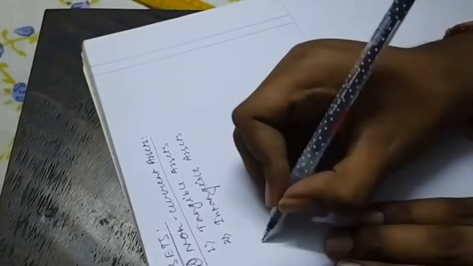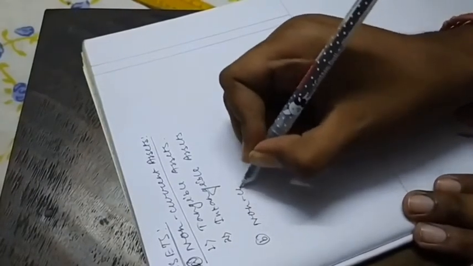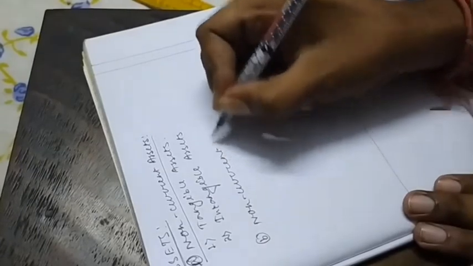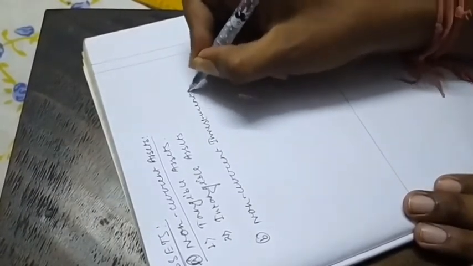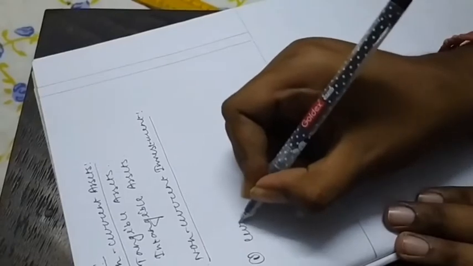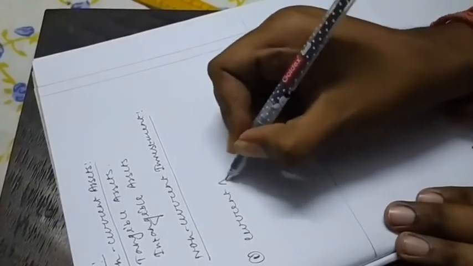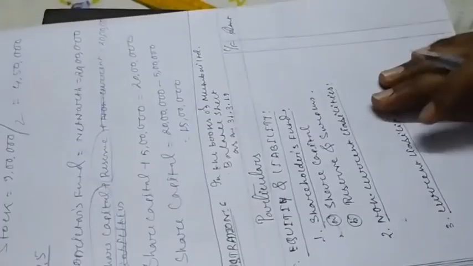And B, non-current investment. And then current asset.